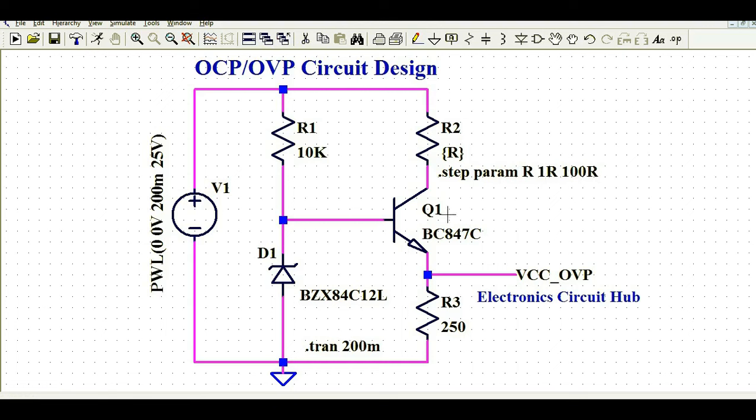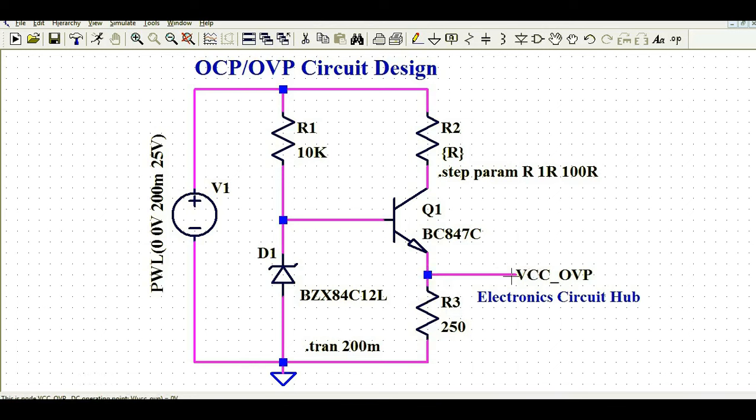Now let us see, this is the transistor Q, and this is resistance R3, and in order to get the fixed current I'm putting this resistance here, 250 ohm. And I'll take my output voltage from here.